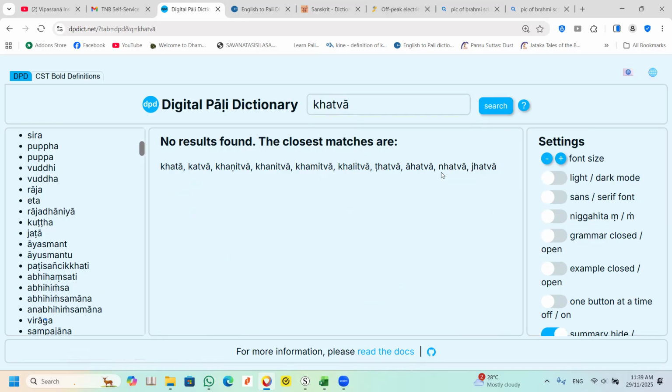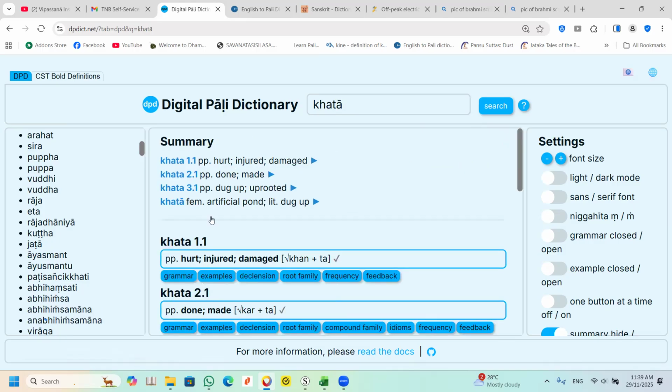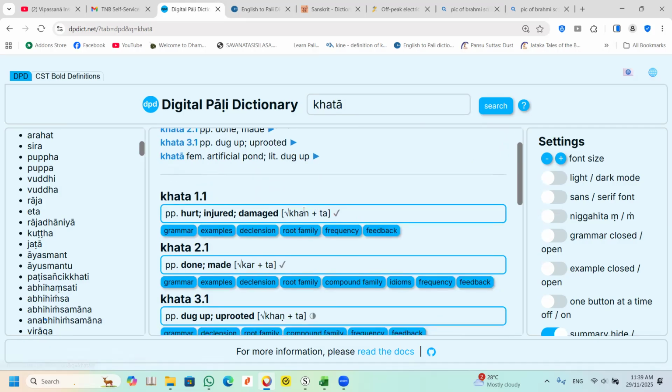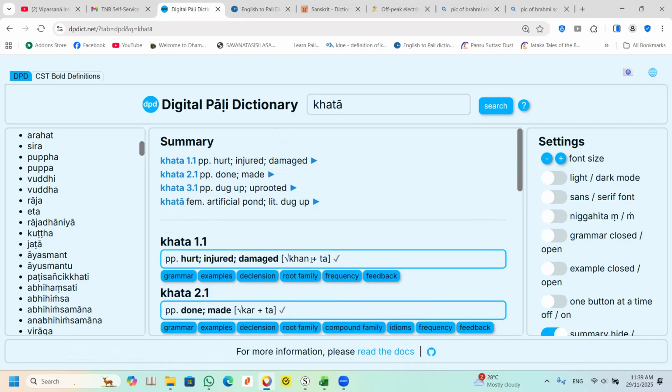So this should be the closest to this one, because this is a long A. It can be a noun by itself. Then you take this, and is this and this related? No, because there's an N here. So you try this. You see, try this. So the root should be kan.